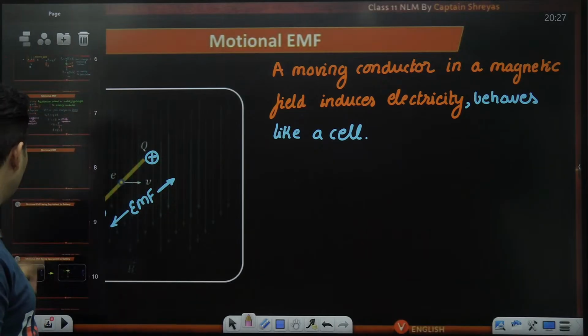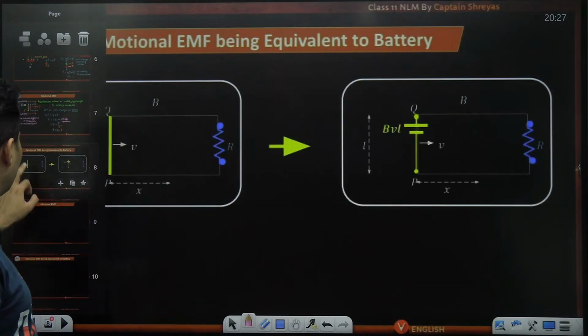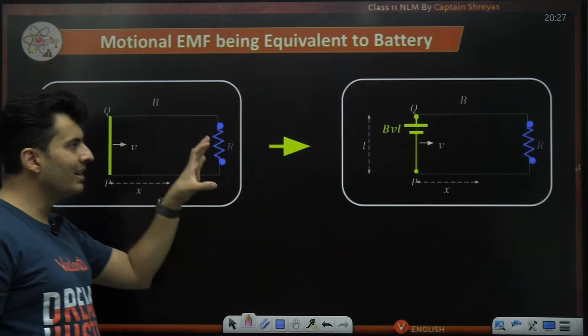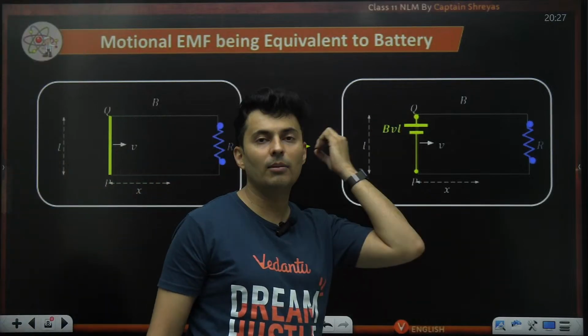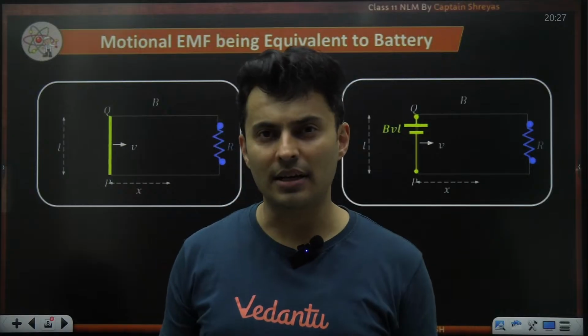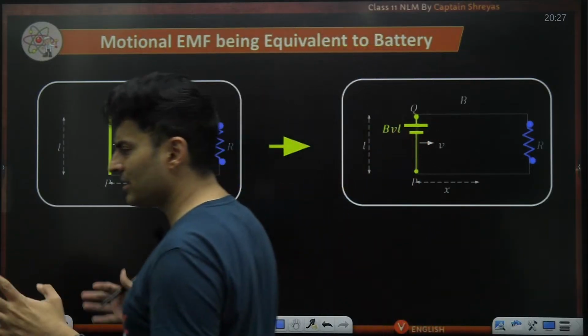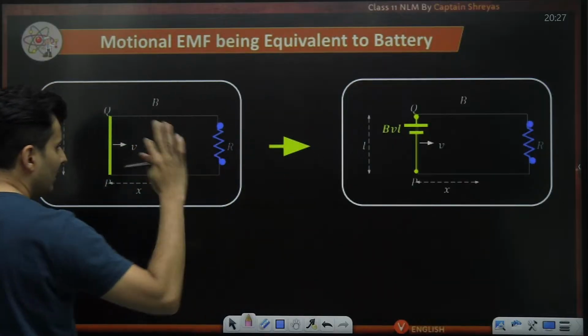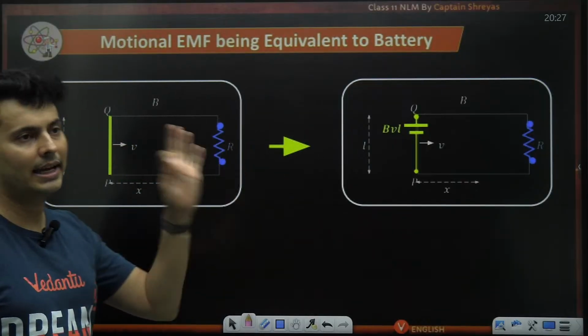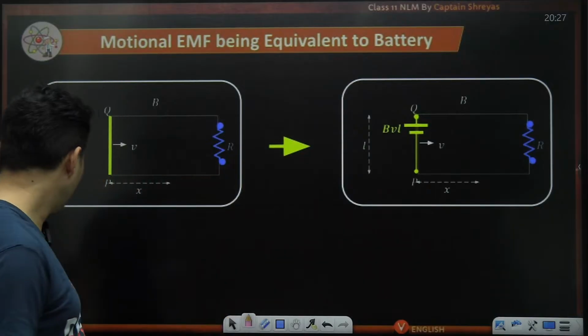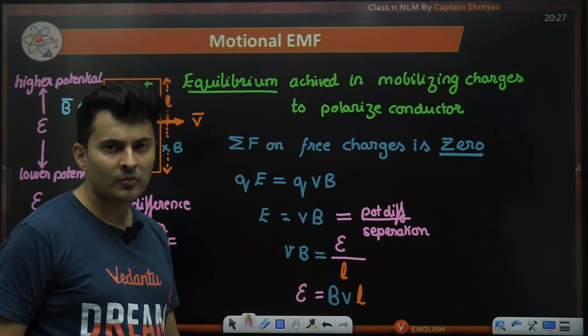So that's the reason why I'm mentioning this, that yes, that moving conductor can be treated like a battery in a part of a circuit if it is connected via wires to some bulb, resistor, inductor, capacitor, doesn't matter. So it can be definitely treated like a battery whose EMF is BLV.